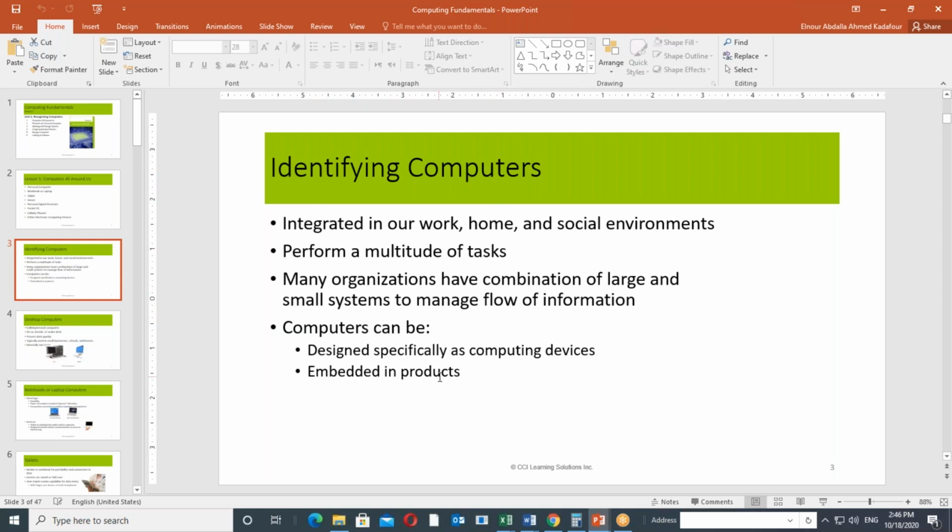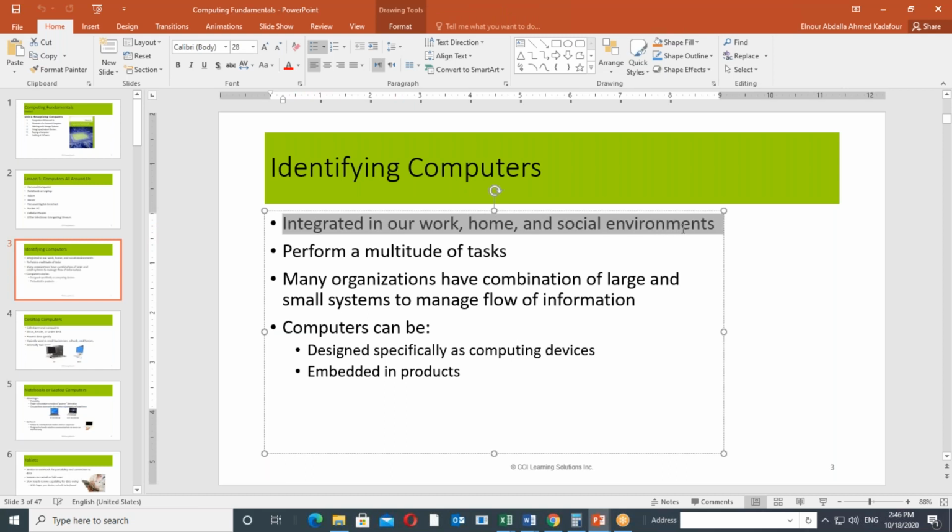Integrated in our work, home, and social environments means you will find computers everywhere around us. We use them to complete our tasks in work, in home, and in social environments.